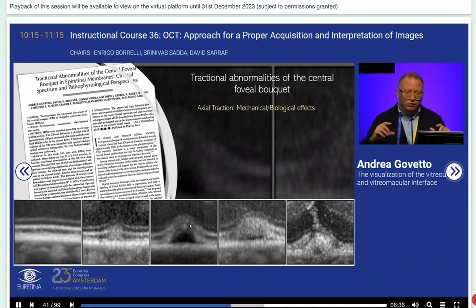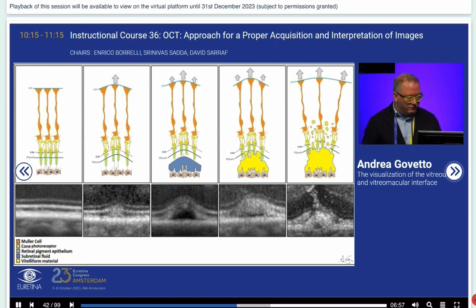If the traction goes on and the Mueller cell is pulling the photoreceptor up, you start to see a foveolar detachment. And with chronicity, that foveolar detachment is filling up with vitelliform material. And if the traction continues, that vitelliform material will break the barrier of the external limiting membrane and spread throughout the outer nuclear layer. So this is what we found, and this is actually the same clinical spectrum.